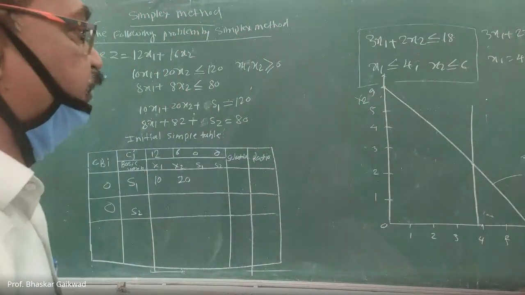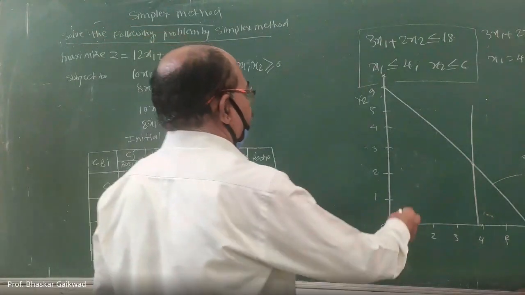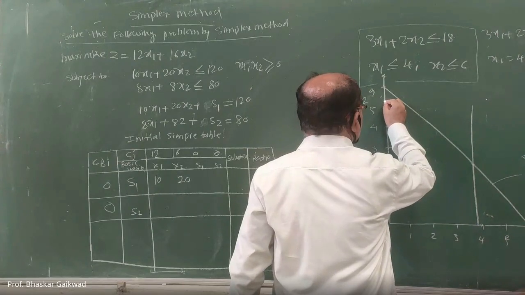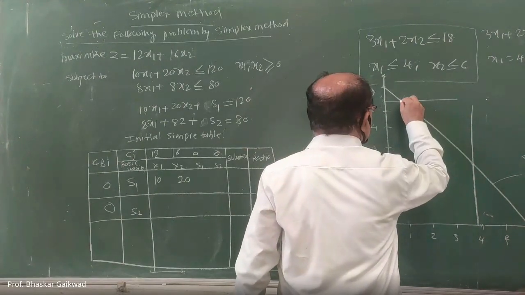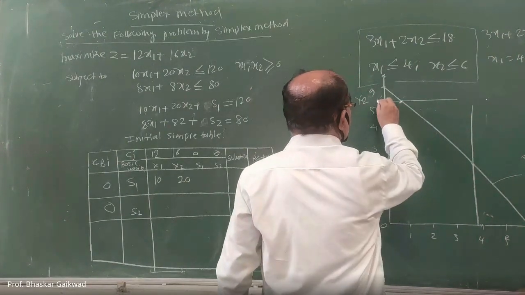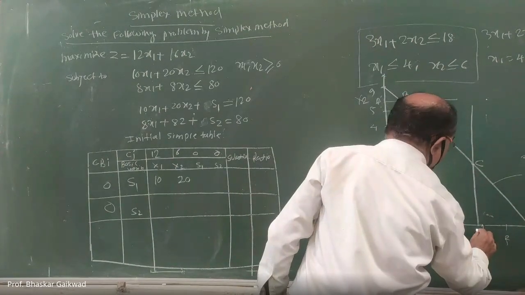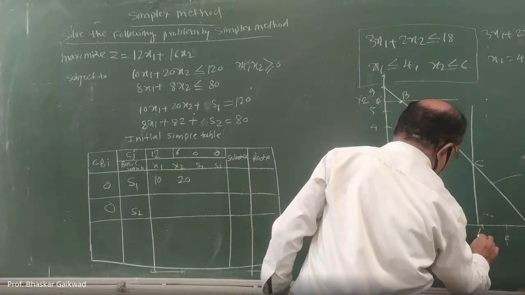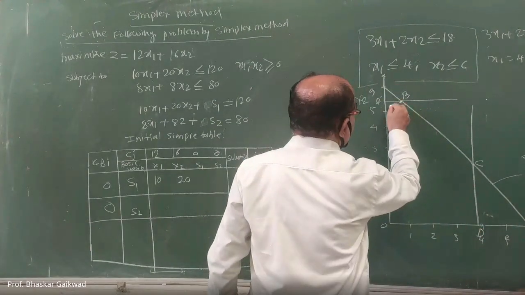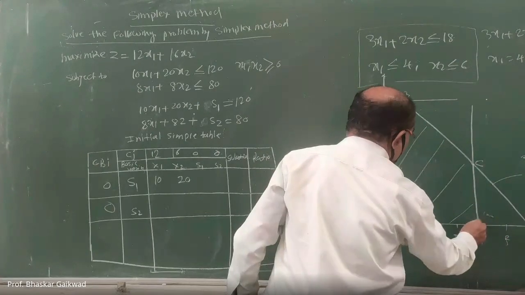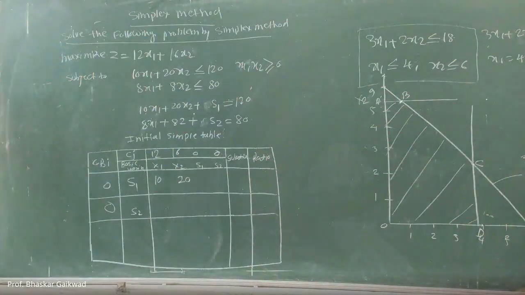That is the 6. So x2, this is your feasible region.